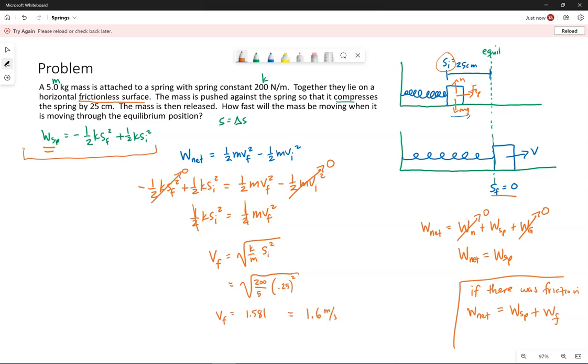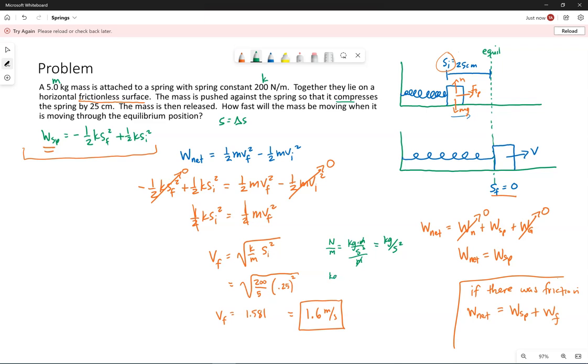The units will be meters per second, but I would like to show you why quickly. So under this square root, K is newtons per meter, but a newton is a kilogram meter per second squared. So that cancels with the meters in the denominator. So we can technically write spring constant with units of kilograms per second squared.